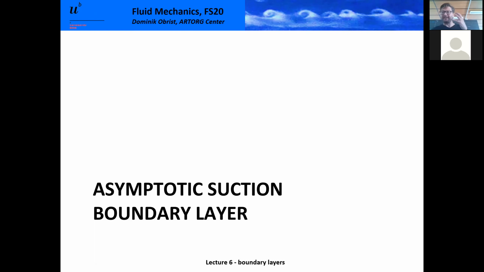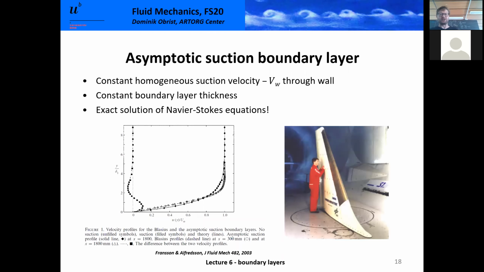So people want to maintain boundary layers laminar as long as possible. And you see here on this picture, bottom right, the tail fin, I think of an A320, and they drilled, especially on the leading edge, little holes where they evacuate the air.